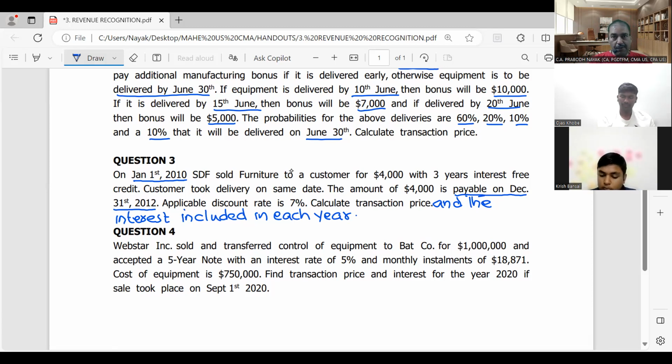They are saying you can pay only 4,000 after 3 years. But in that case, the amount of interest is included in that 4,000. So you have to remove that interest amount and tell me what is the transaction price excluding the interest. Okay, so do it.